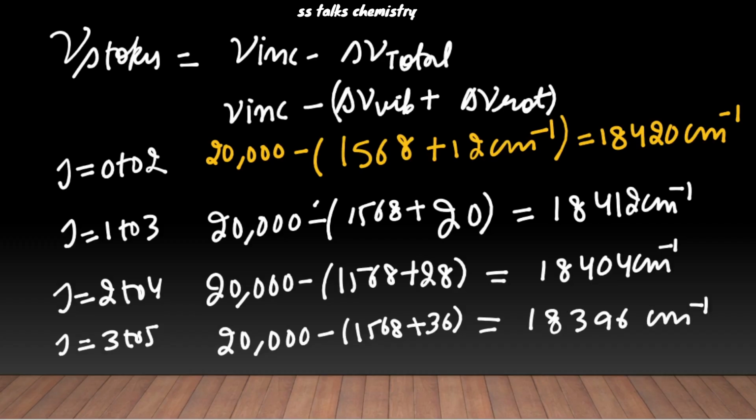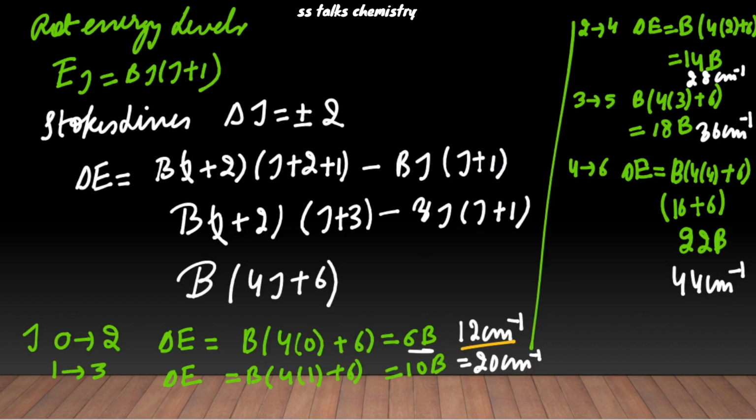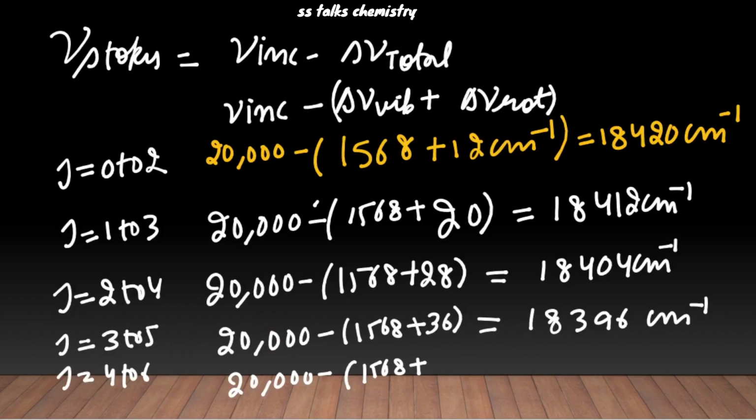Similarly, for J value 4 to 6 we can also find it. It will be 20,000 minus 1568 plus the value you obtained, 44. So this will give me the value 18388 centimeter inverse.